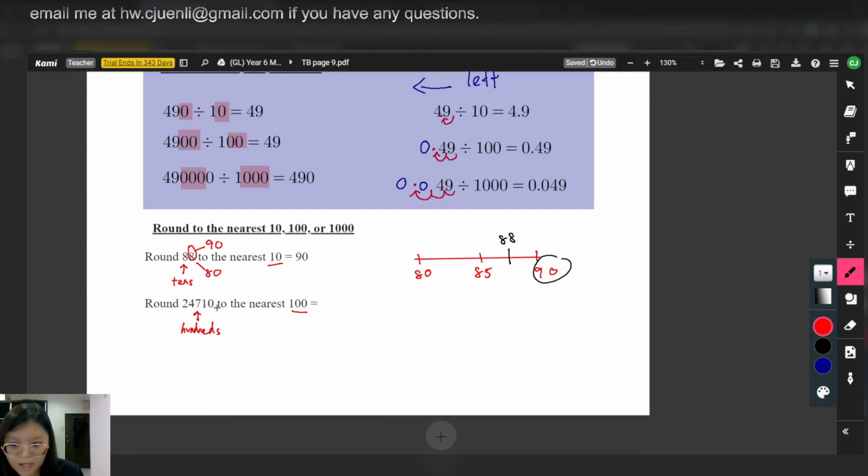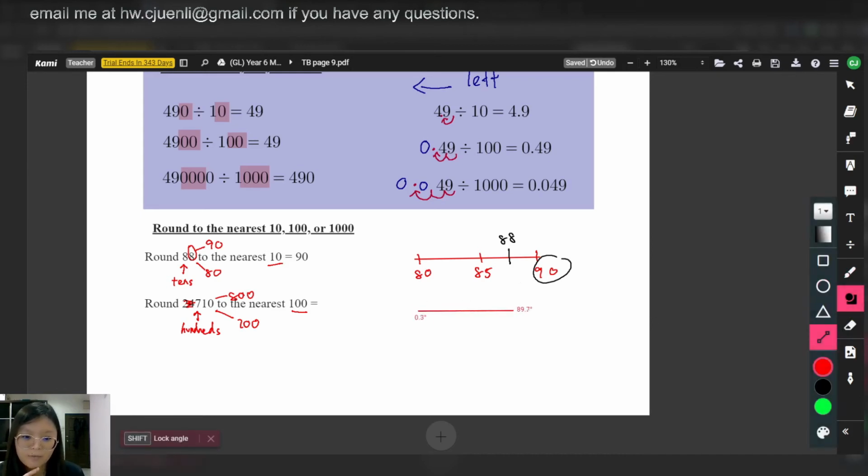So when we look at hundreds, we should have 700 and maybe even 800, right? So we can ignore this for now, just for now, as long as you write it in your final answer over there. So we're going to draw this number line over here.